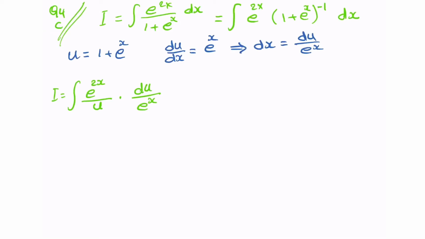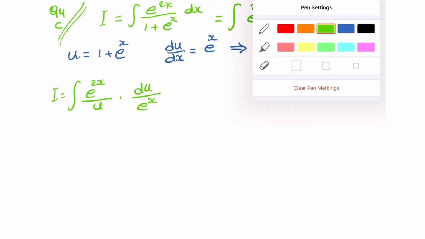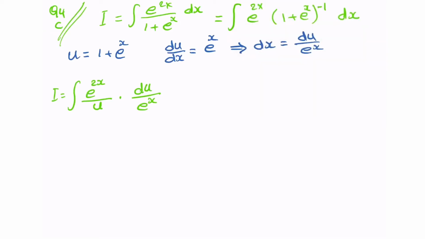Is there anything we can cancel down? Yes. I can get rid of e to the power x here with one of them at the top. And this is going to be the integration of e to the power x over u du.